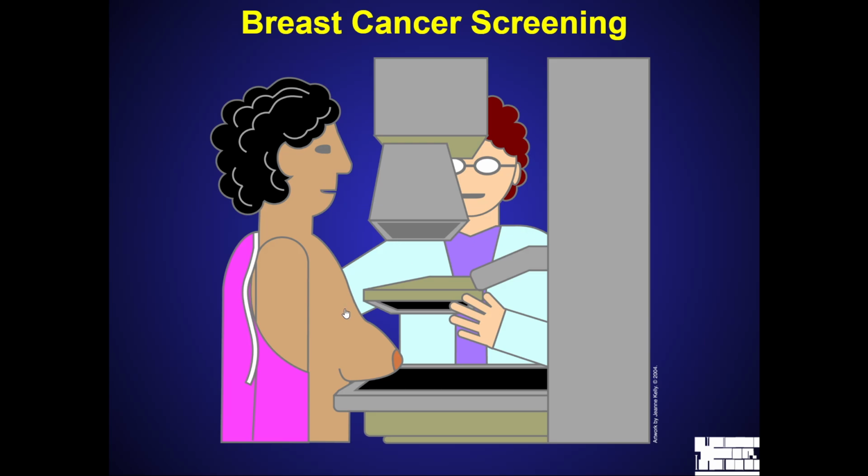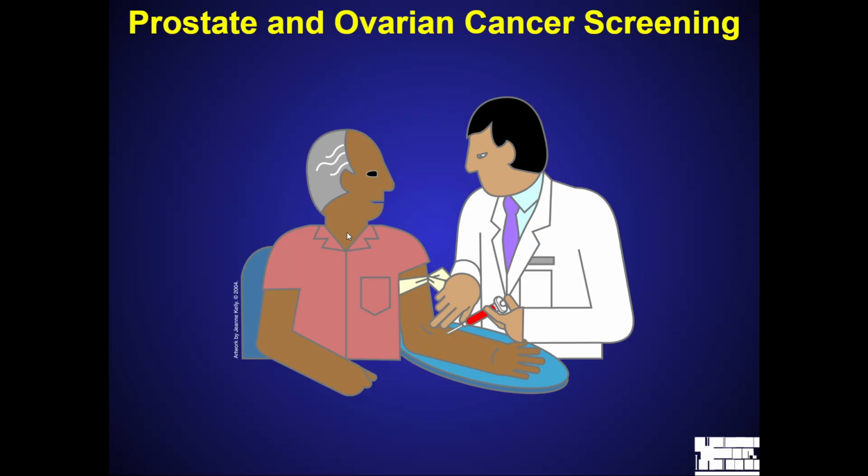Now for prostate and ovarian cancer, there are two prostate screening ways. There's a PSA test, which is a blood test. The doctors draw blood and test for PSA levels. I think it's prostate specific antigen levels in the blood.